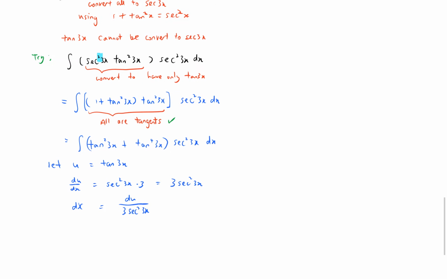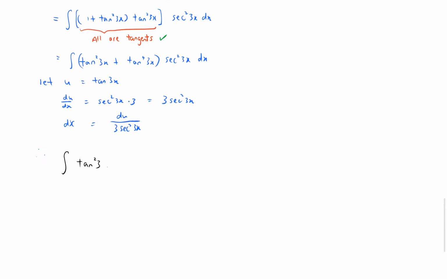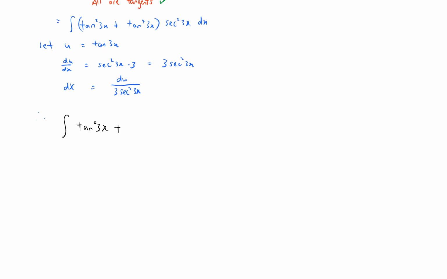So what next? Now is the substitution, right? Therefore, going back to the question, integrate tangent square 3x plus tangent 4 3x, secant square 3x dx equals integrate, now this is your u, so u square plus u to the 4, right?